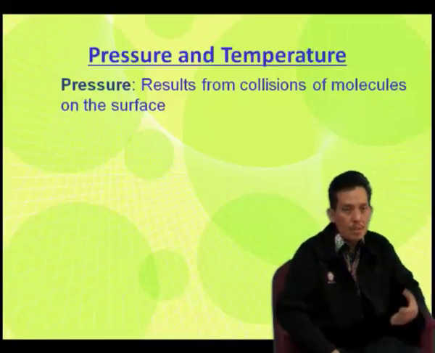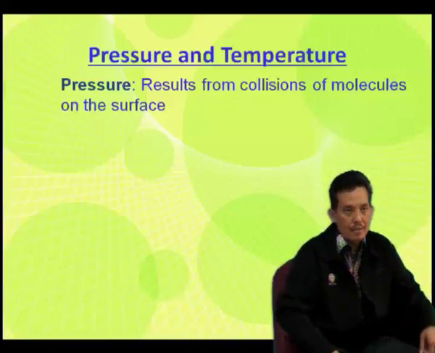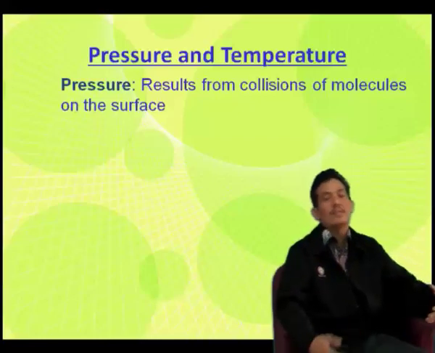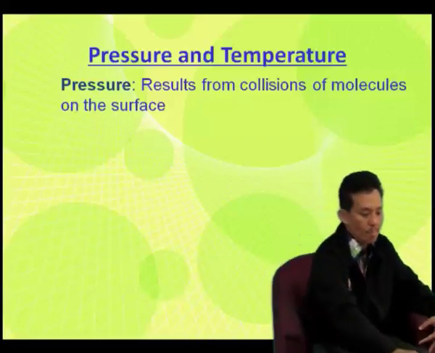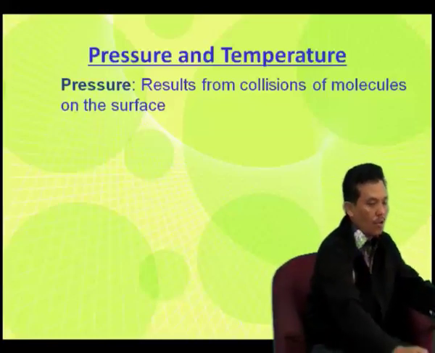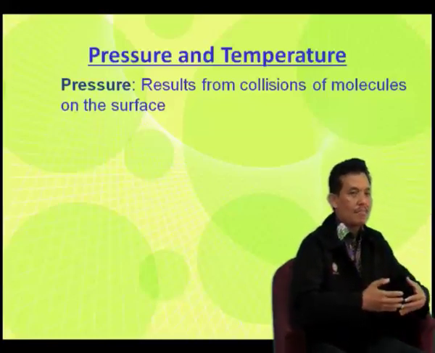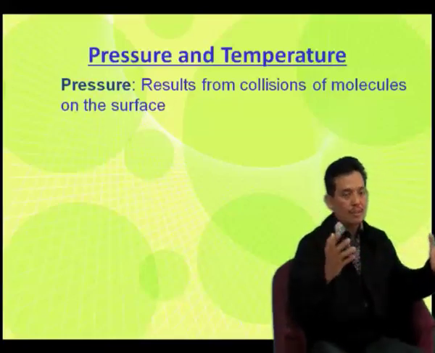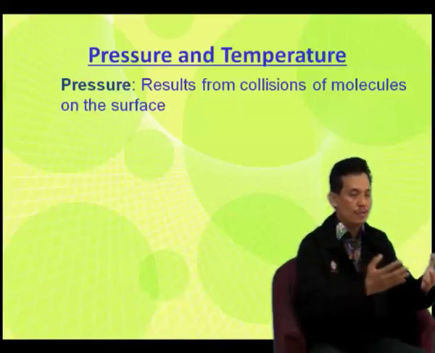Now we go a bit further about pressure and temperature. Pressure occurs because of collision of the molecules on the surface. So, as I mentioned previously, the gas, just imagine in this room, always moves and moves.